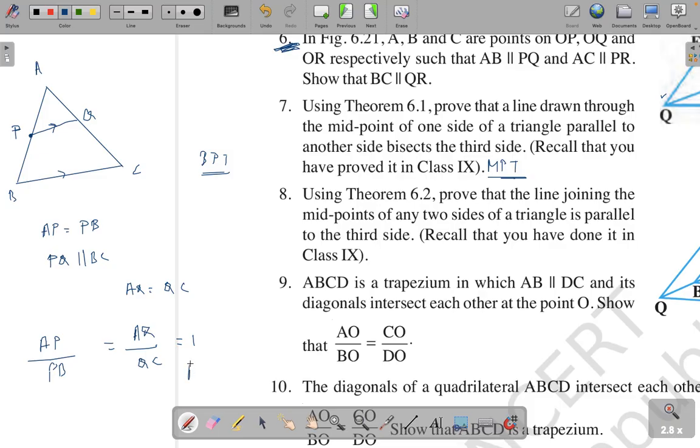So you can say AQ is equal to QC. So when AQ is equal to QC, this means Q is the midpoint of AC, which means Q bisects AC. Any doubt?